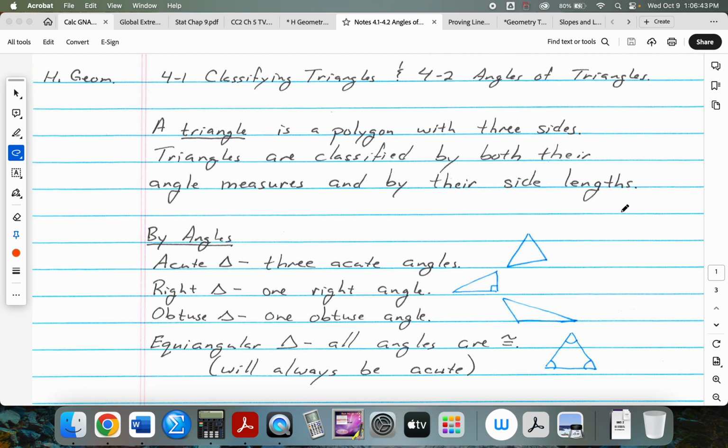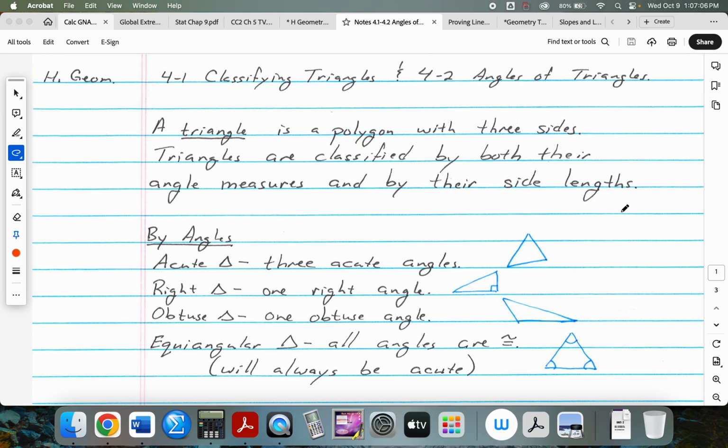Okay, that's gotten old now. And then an equiangular triangle, that's a new term for you, but it's pretty easy to figure out. Please notice that it's not equal angular. There's only one L in this. It's E-Q-U-I, angular.